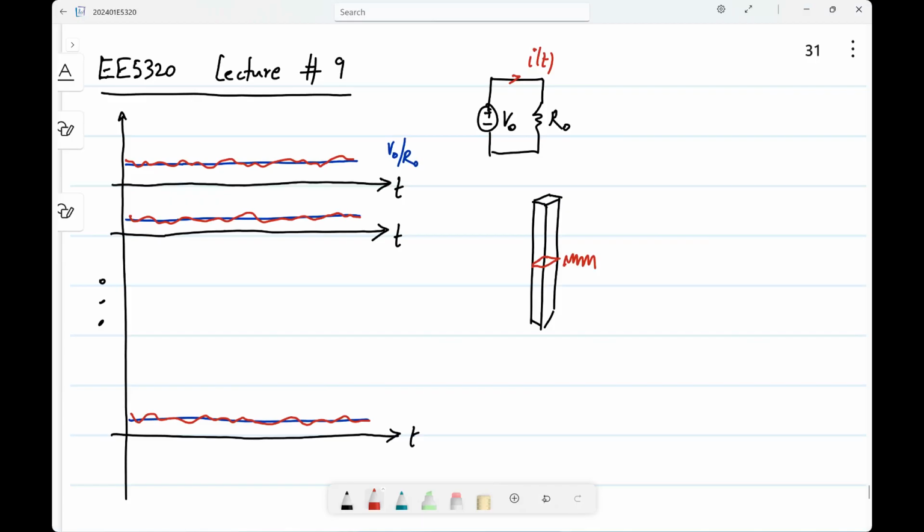You may have seen this in physics textbooks: what is the drift velocity in conductors? You may have solved some physics problems. What is the value?